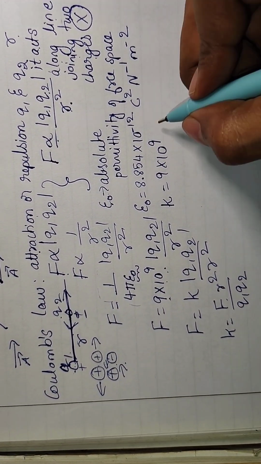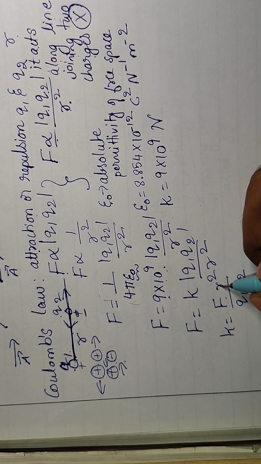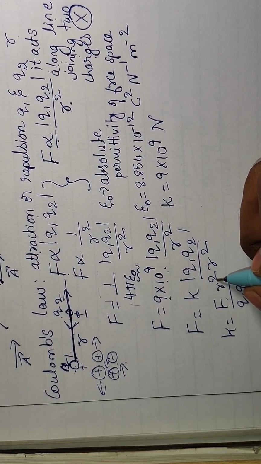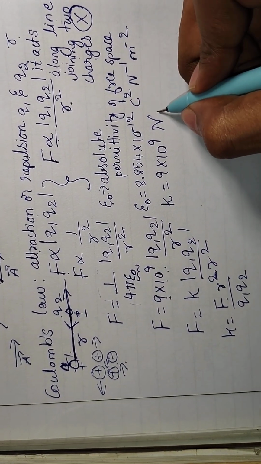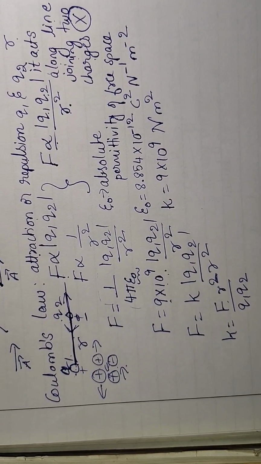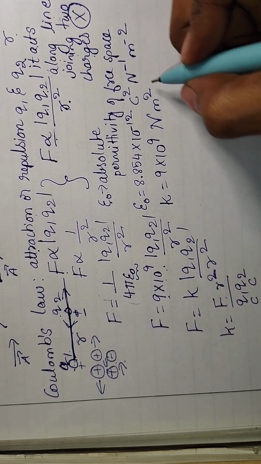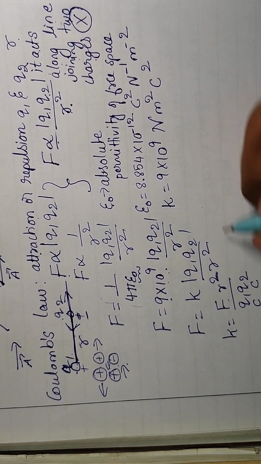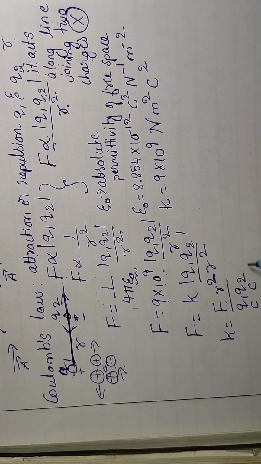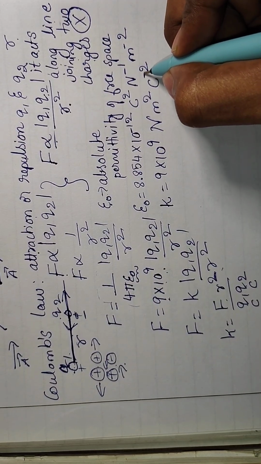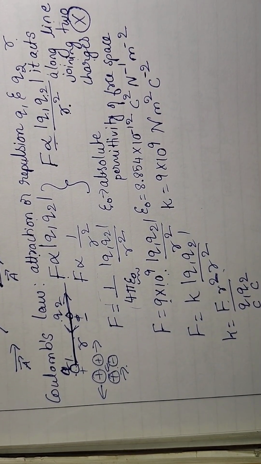What is the SI unit of force? Newton, and the SI unit of distance is meter, but here you have the square of distance, so it is Newton into meter square. In the denominator you have the SI unit of charge, Coulomb. Coulomb into Coulomb, you will have Coulomb square, but since this is in the denominator, when it comes to the numerator you will get minus 2.